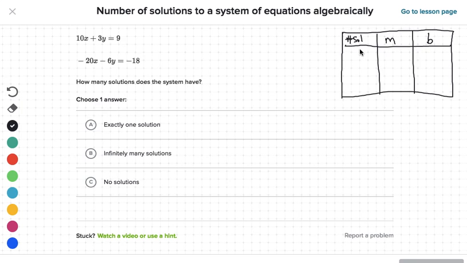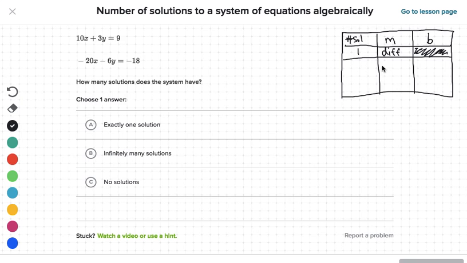We found before that when the slopes were different, there was exactly one solution, and that made it pretty straightforward. We didn't have to worry about what b was. The slope being different was enough for the two lines to intersect.